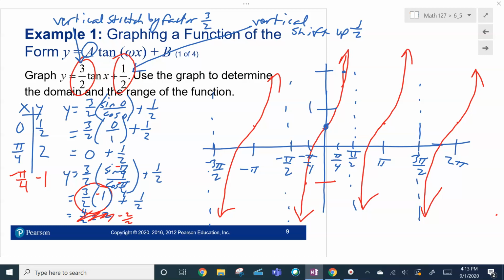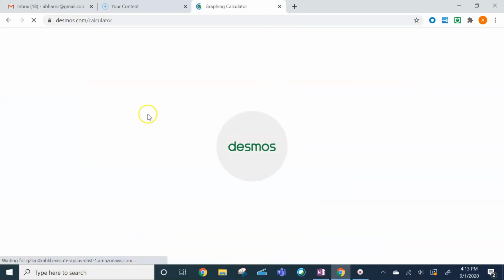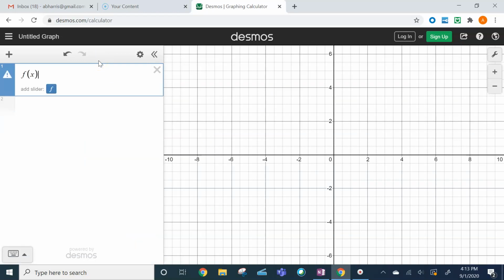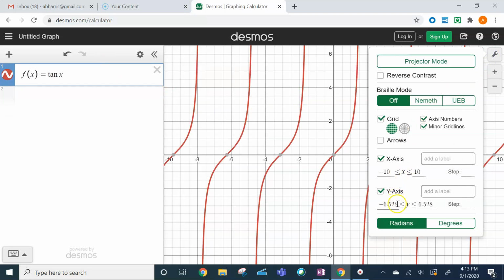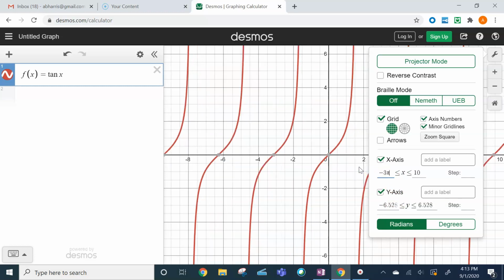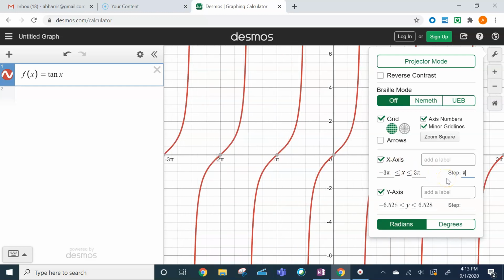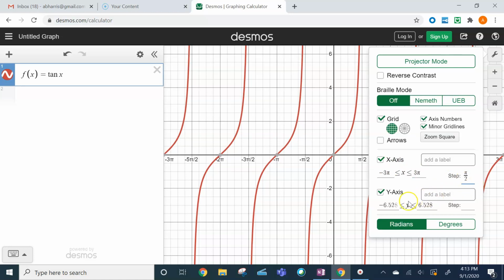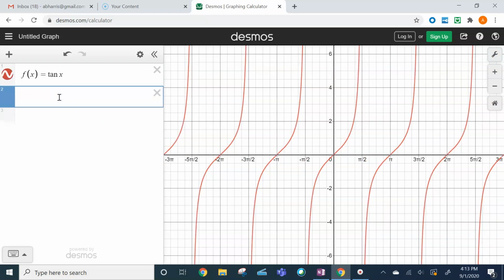In fact, let me give you a look at that and I'll show you. So here's tangent in red. Let me go from negative 3 pi to 3 pi, I guess. The steps be pi halves. All right, so there's our tangent function. Now, let's say we just put 3/2 in front of the tangent.